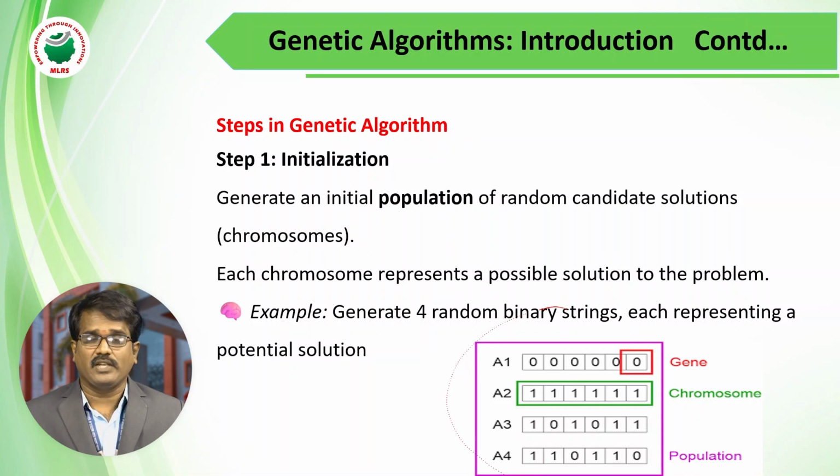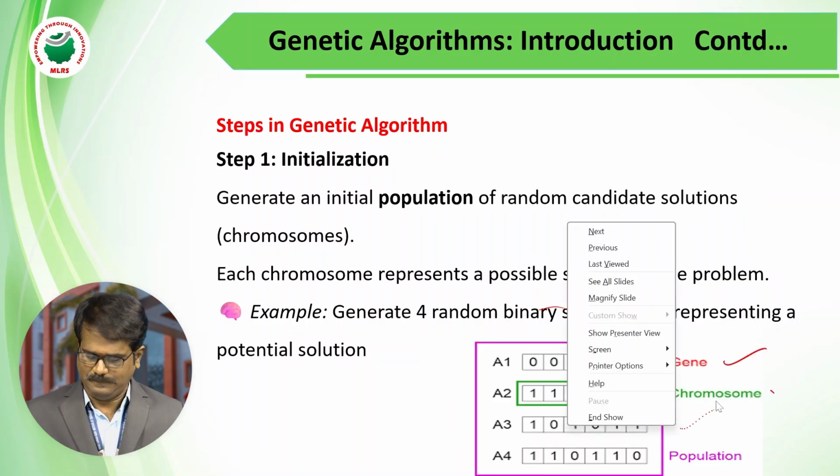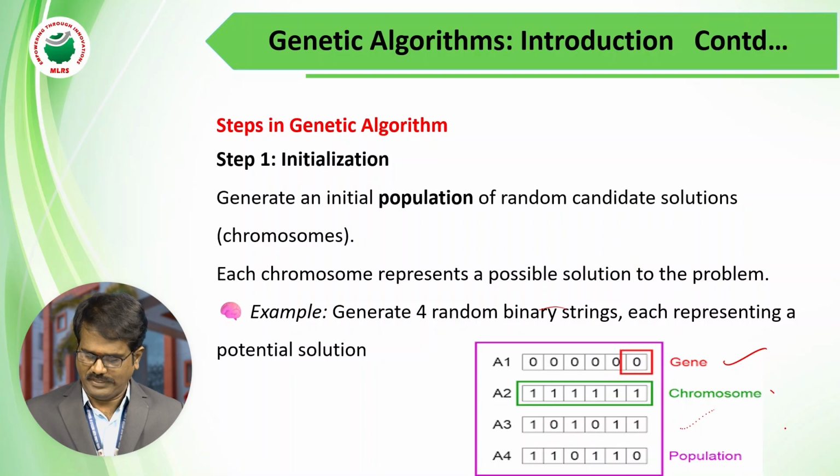Here, I consider totally 4 candidate solutions: A1, A2, A3, A4. So A1 is one chromosome or one candidate solution, A2 is one candidate solution, A3 is one candidate solution, and A4 is one candidate solution. All these 4 chromosomes are considered as the population. With the help of this population, we are going to implement the next generations.